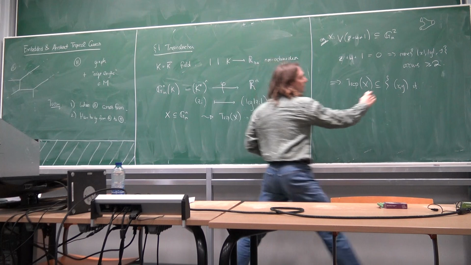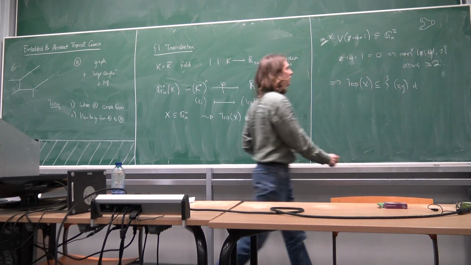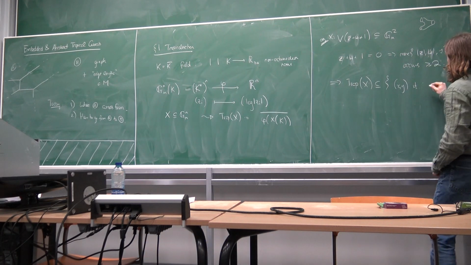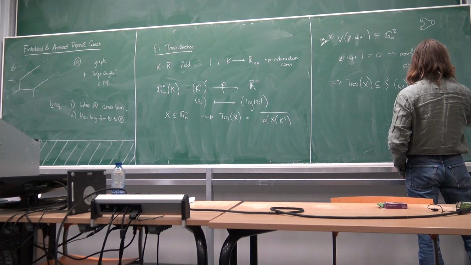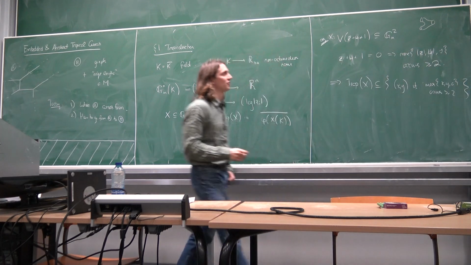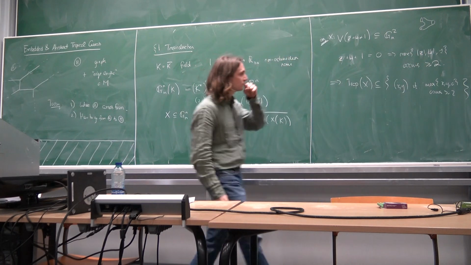Sorry about this. Apologies, everyone. So the tropicalization has to be contained in the set of elements such that max(x, y, 0) occurs at least twice, just by taking the logarithm of this here.